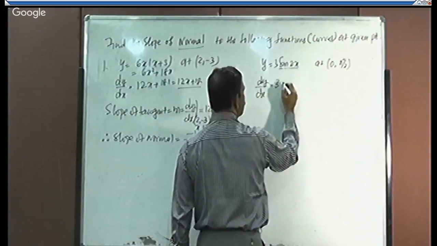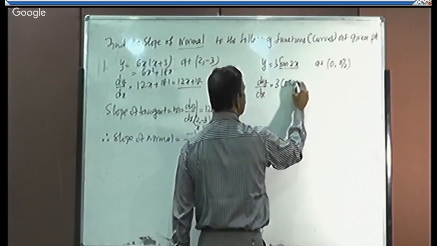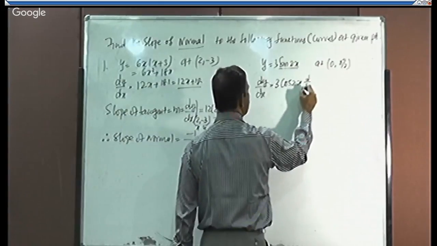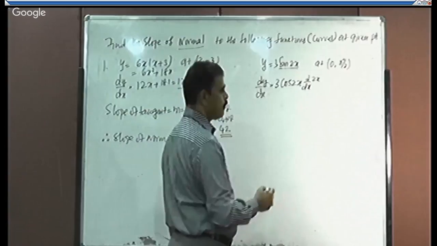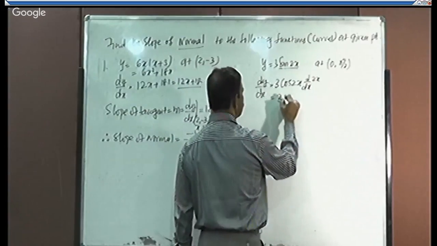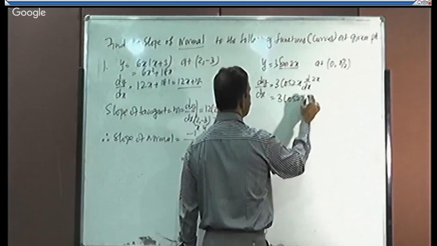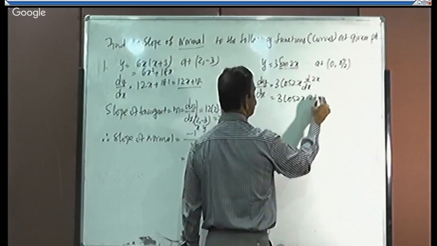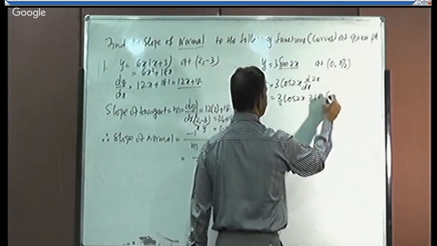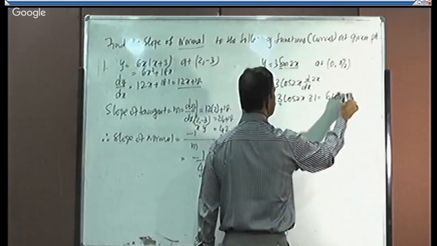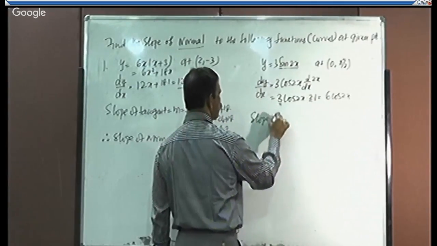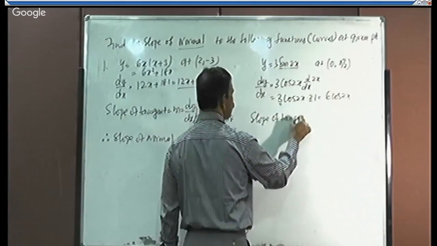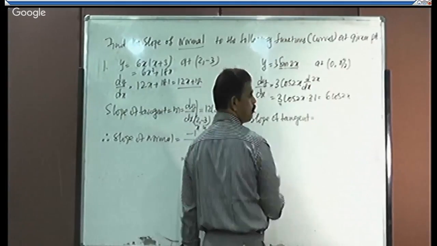For a sine function, differentiation is cos of the function into dy by dx of the function. That is equal to 3 into cos 2x into differentiation of 2. Now 2 into 3 is 6 into cos 2x. Then first get the slope of tangent. With that we can find the slope of normal.